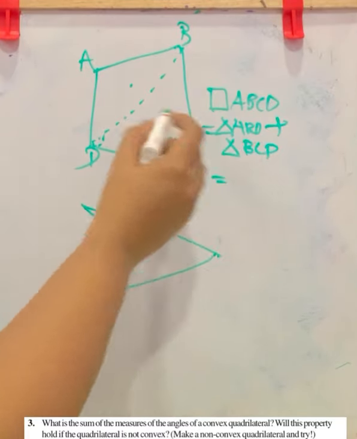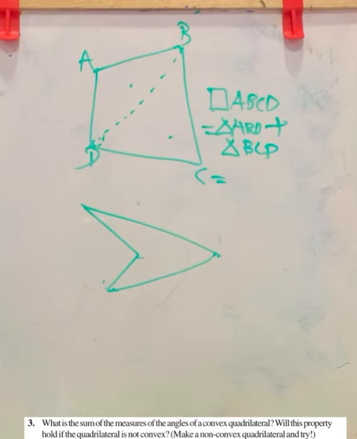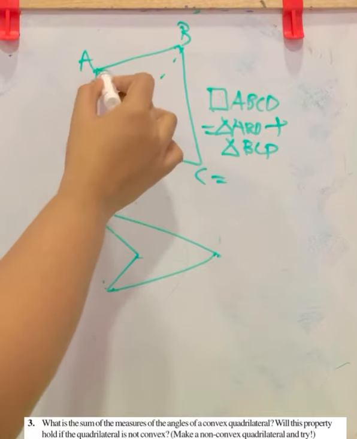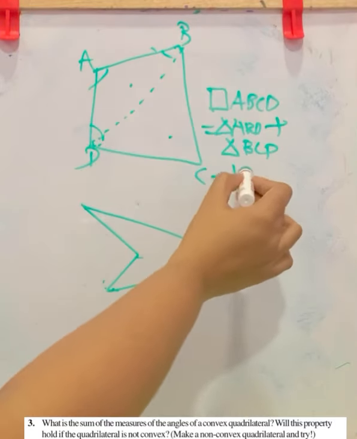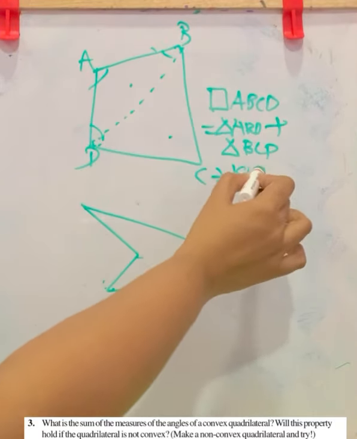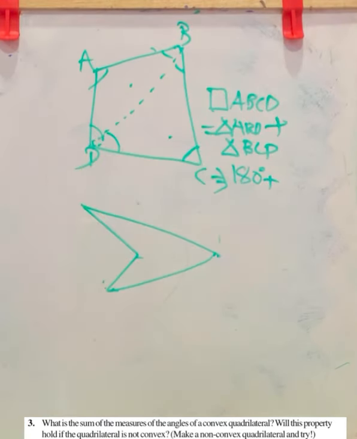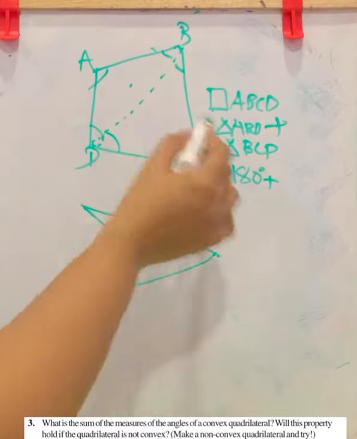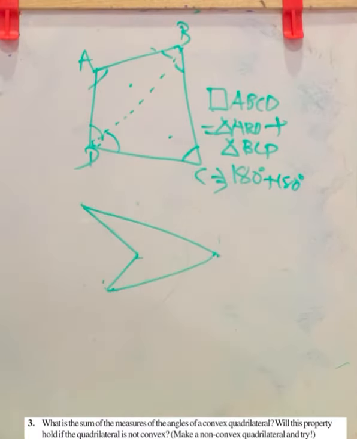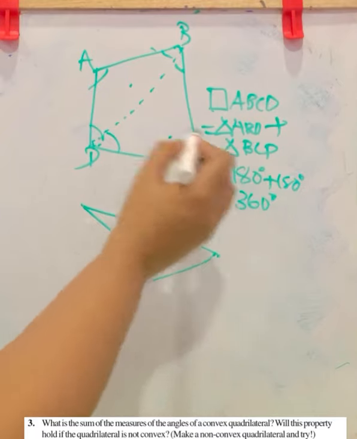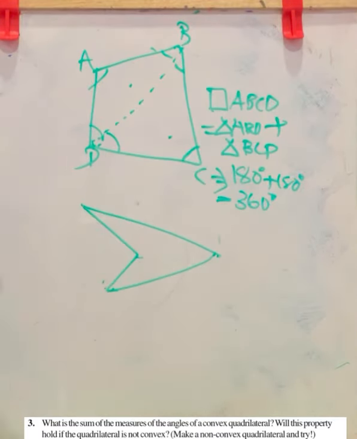And we know the angle sum property of a triangle is 180 degrees. So these three angles are 180 degrees, plus the other triangle BCD has these three angles, and it is also 180. So 180 plus 180 we have 360. So the total sum of the angles in a quadrilateral is 360.